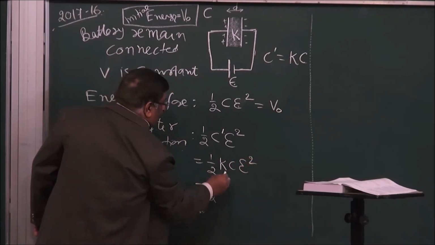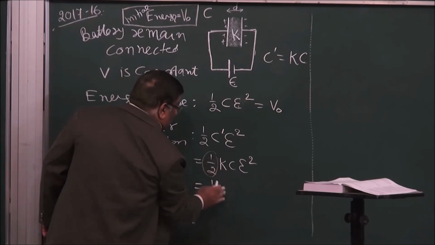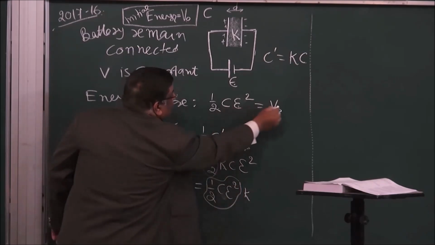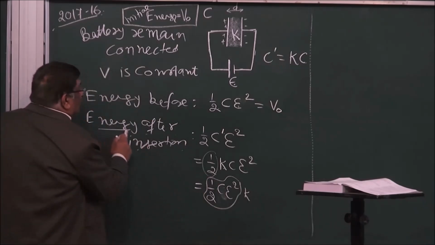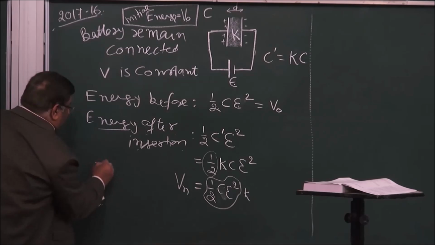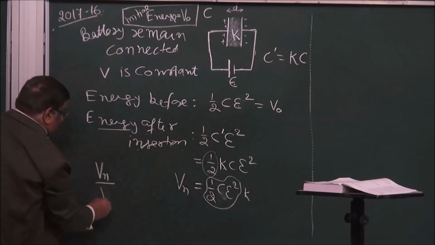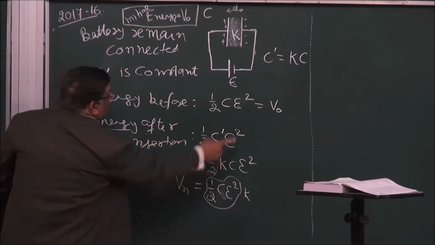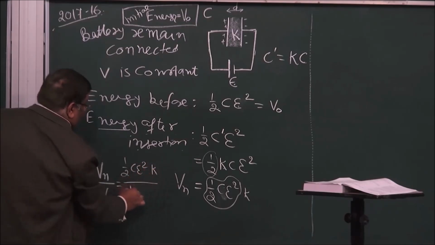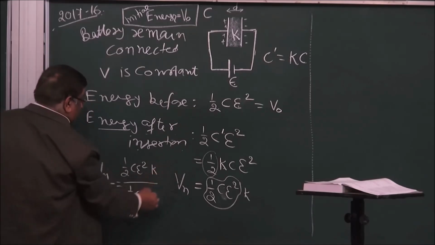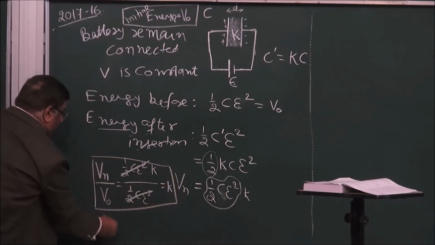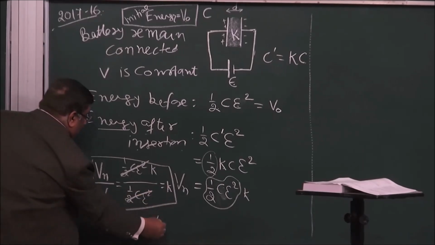So half K, I will write it as half C E square into K. Let us say this is the new energy, N. So if we divide the two, V new upon V naught original, energy new divided by energy original, half C E square K upon half C E square is equal to K. So V new is equal to K times V original.